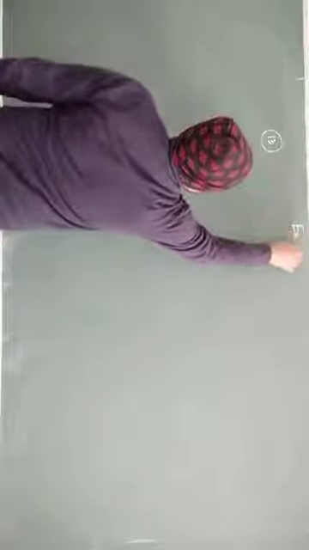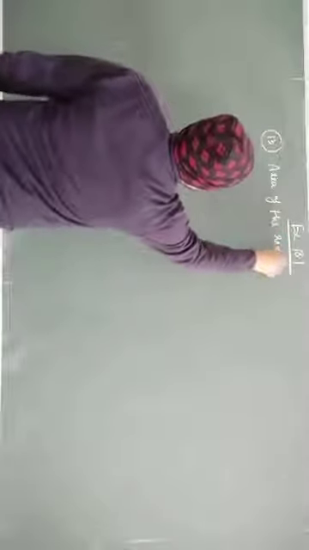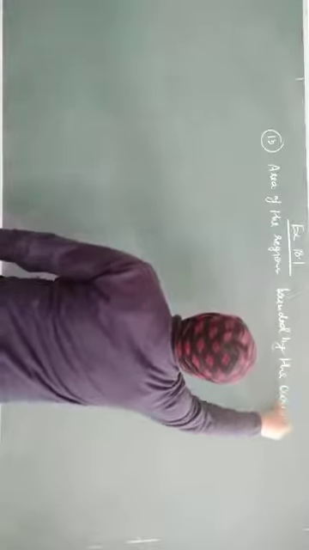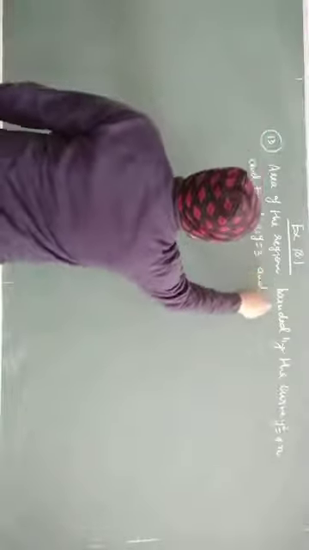Find the area of the region bounded by the curve y square is equal to 4x and the line y equal to 3 and the y axis.